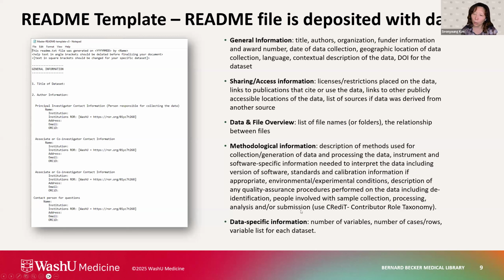You can go into more details, but at the high level, at minimum, we recommend people use the CRediT contributor role taxonomy for standard language. So we ask them to do that. But a lot of times people are not used to this concept, so we have to educate as we do this, like what quality control they applied, what method they used, what software, instrument, and all that stuff.